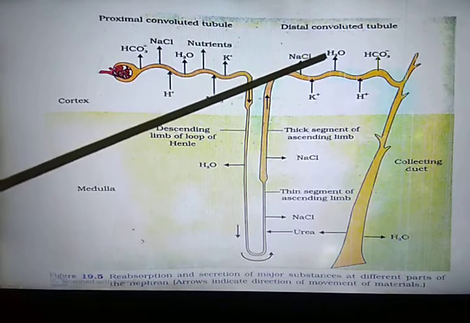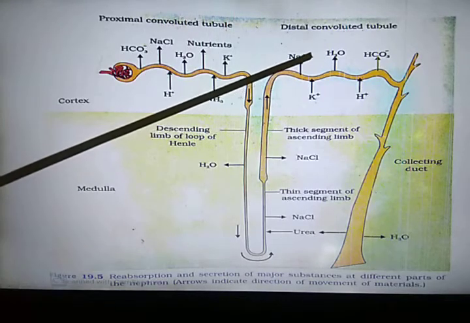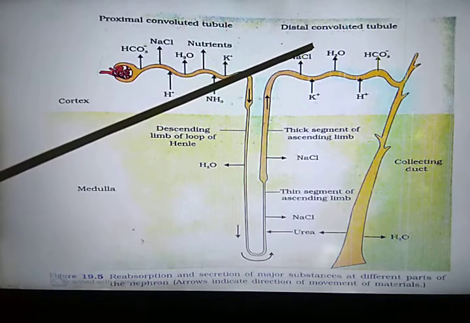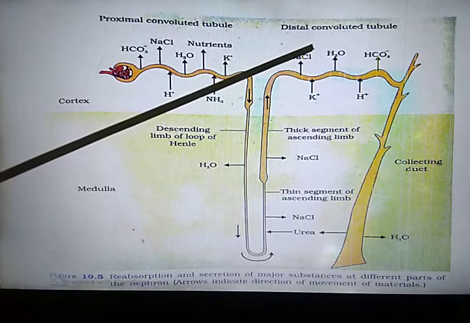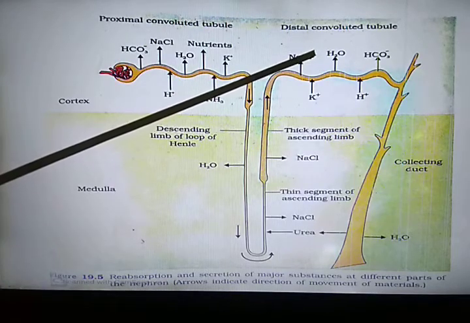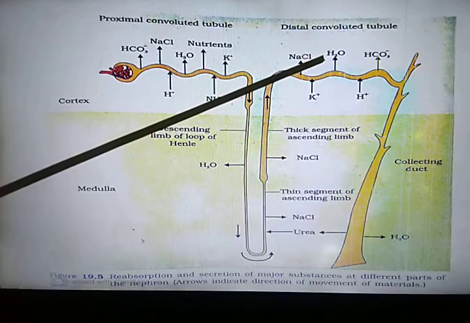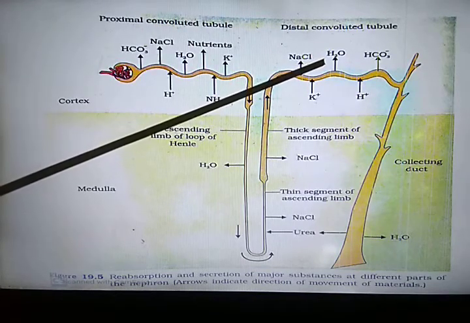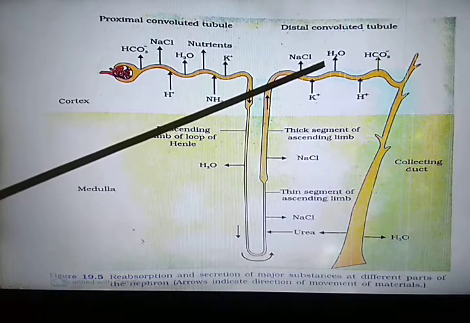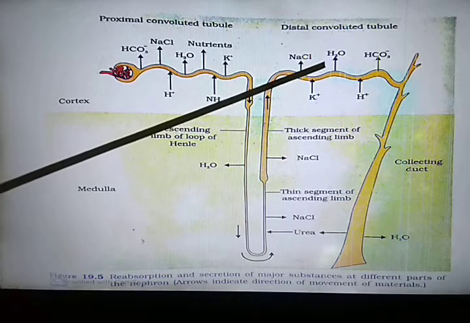And conditional reabsorption of water takes place in the distal convoluted tubule under the influence of the hormone antidiuretic hormone, ADH or vasopressin, which is secreted by the posterior lobe of the pituitary gland.